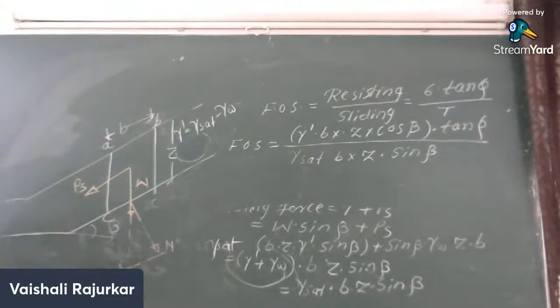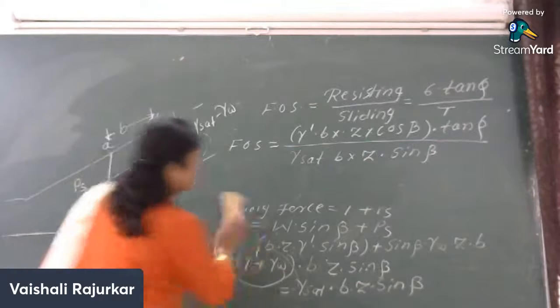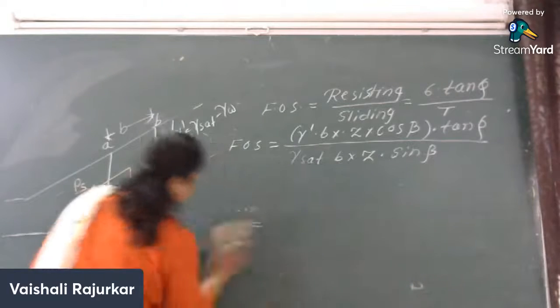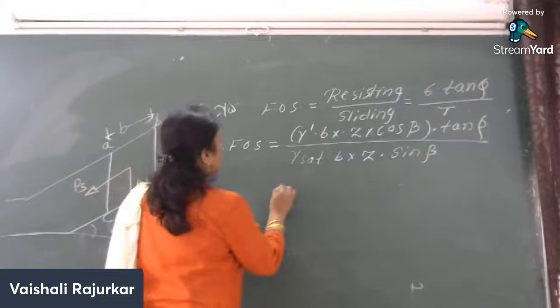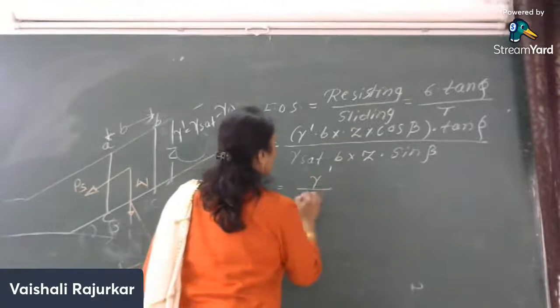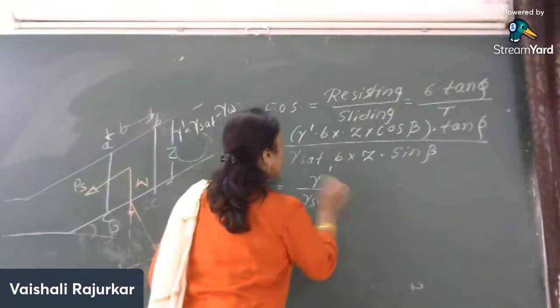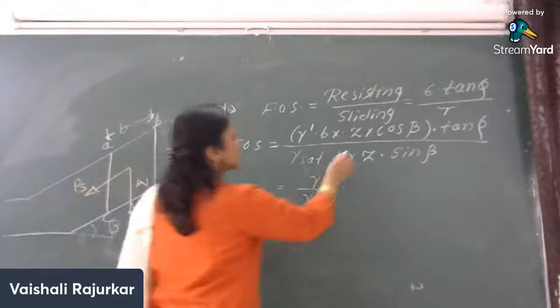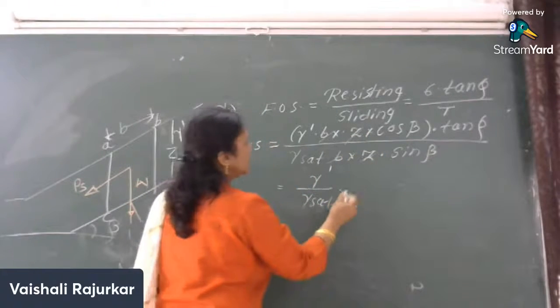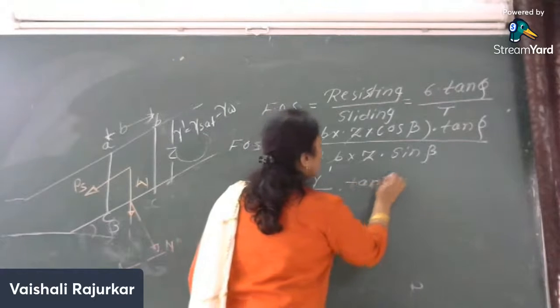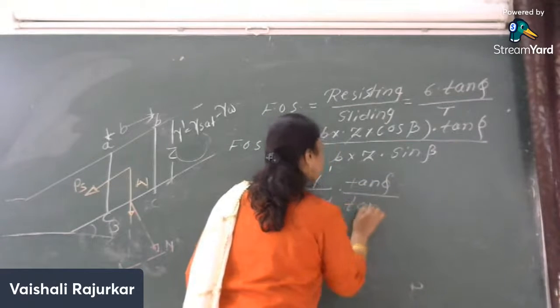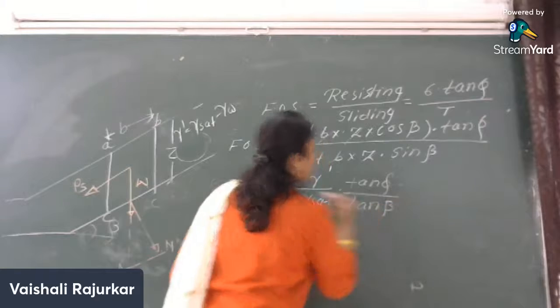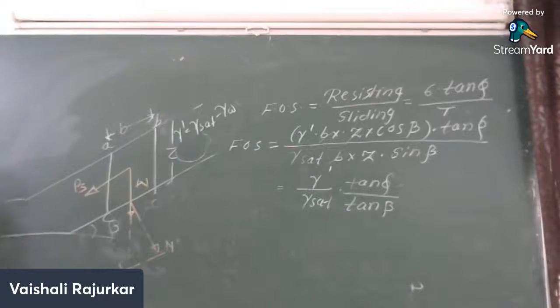So again, this B will be cancelled, Z will be cancelled, sin beta divided by cos beta is tan beta, and therefore this equation becomes gamma submerged upon gamma saturated into tan phi upon tan of beta.